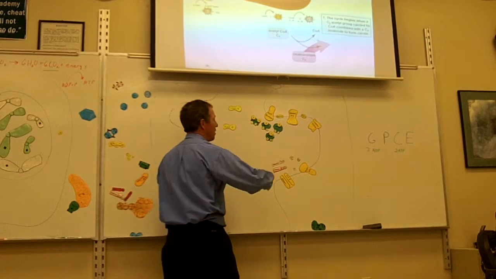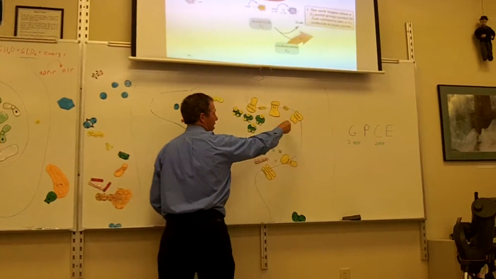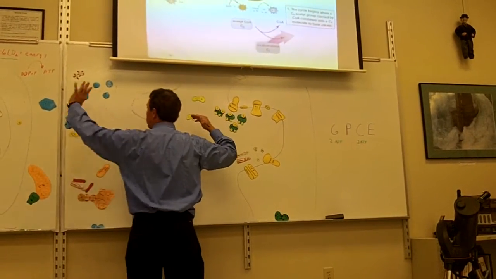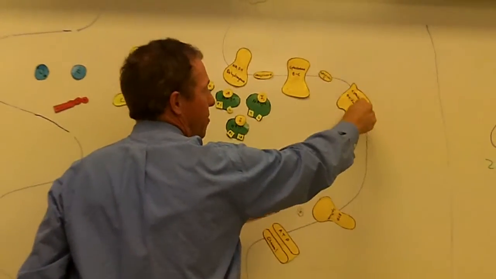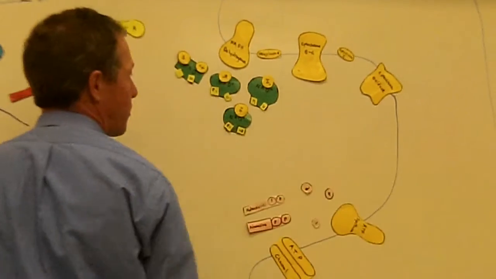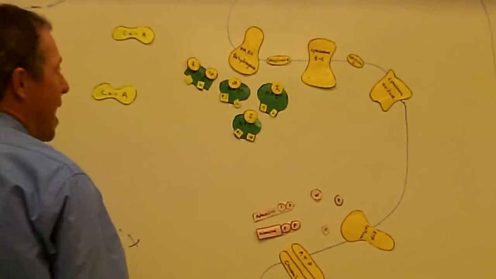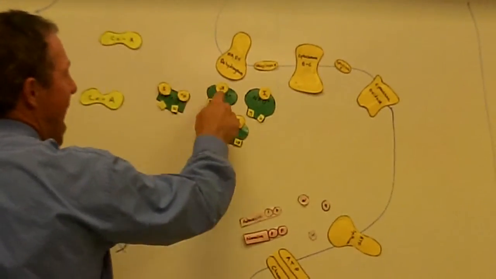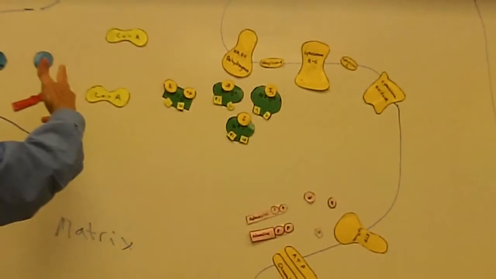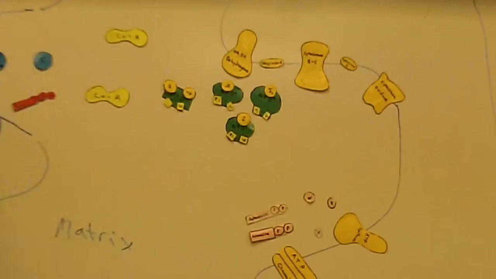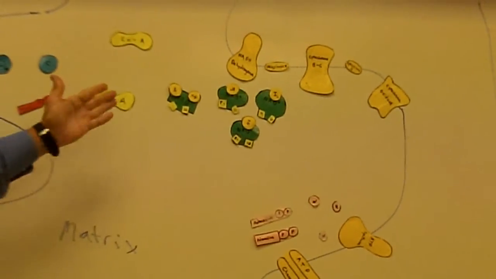Here's the electron transport chain. It's just like the one we studied in photosynthesis a few days ago. It's proteins on the membrane. And what happens is these NADHs and FADHs that we've built up through the breakdown of glucose.